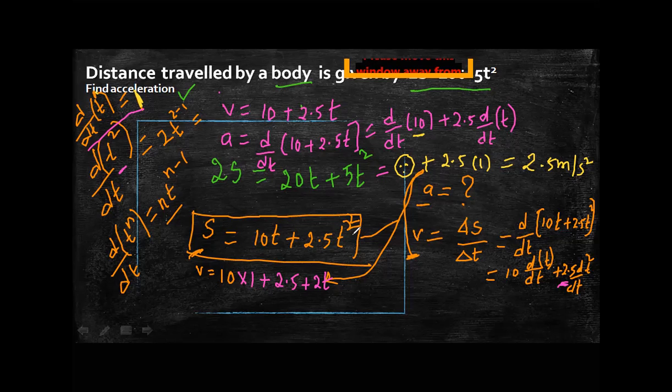So you do the derivative two times. The general formula is d by dt of t power n equals n t power n minus 1. For t power 2 you get 2t, and for t power 3 you get 3t square.